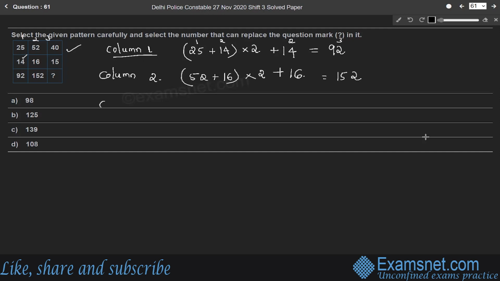So apply this same rule for the next column also. Column 3, where the first number is 40 plus 15, the second number, which is 55, into 2, 110, plus 15, which is equal to 125. Therefore, option B is the right answer.